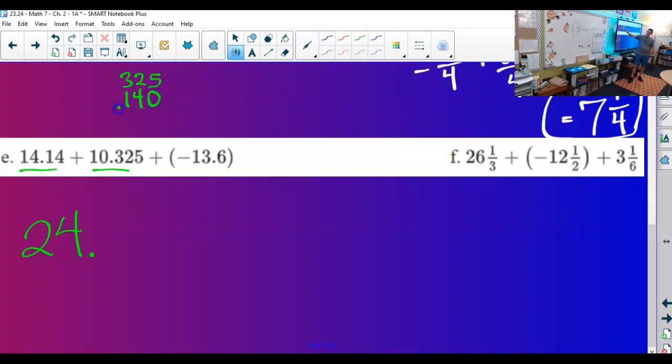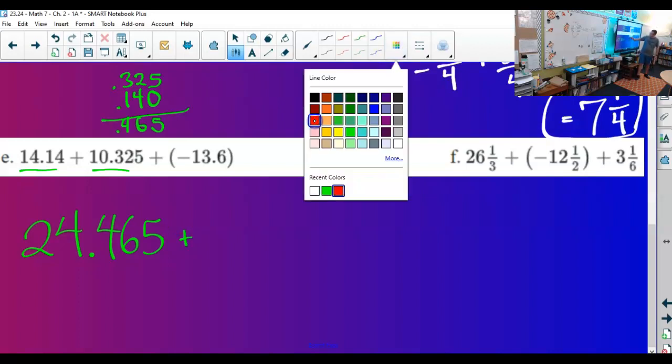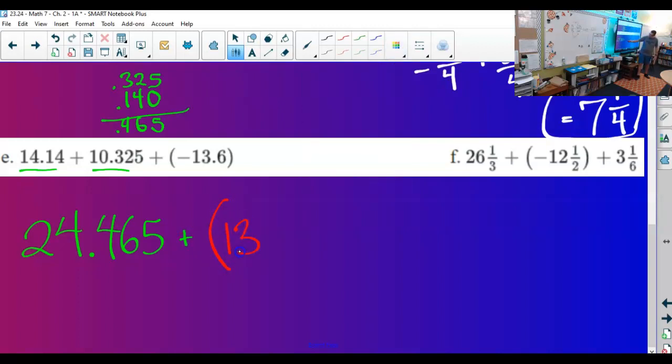Because the 0.14 and the 0.325, I got to line them up. So then 5, 6, 4, so I think 24.465. Yeah? Okay, math is hard, so I always double check. And the bad guy, 13.6. Make sure we write the negative in there.